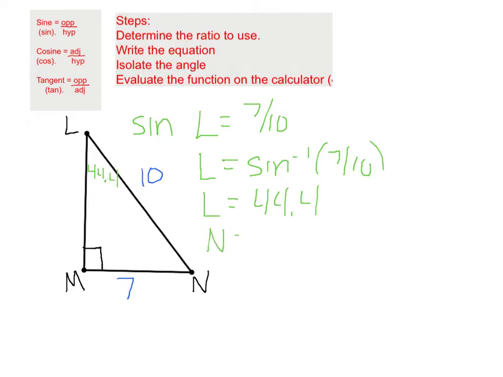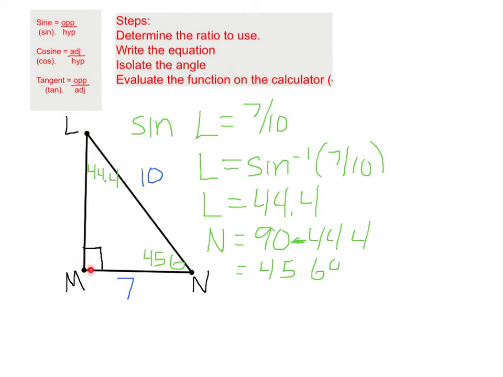So N we can get by subtracting that from 90, which is equal to 45.6 degrees. So this is almost a 45-90 triangle, but it isn't. And then we can just use the Pythagorean theorem to figure out LM.